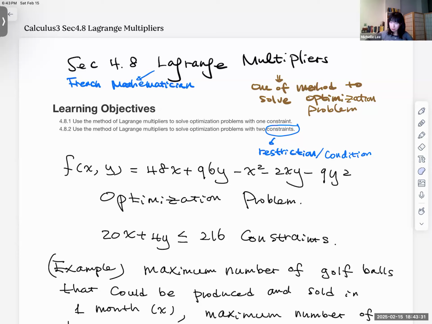We have the function of two variables, right? So we have this function. So this is the optimization problem, and also we call it the objective function.